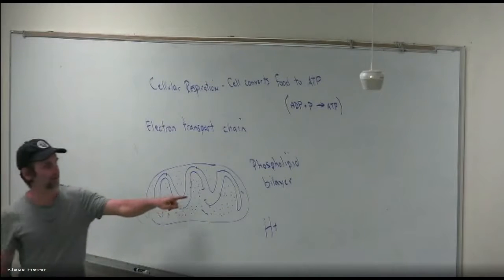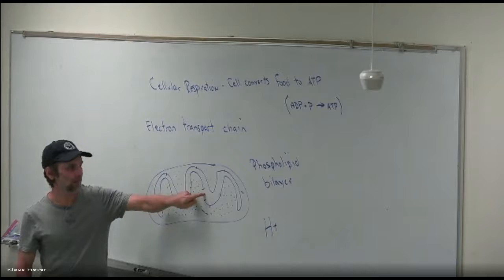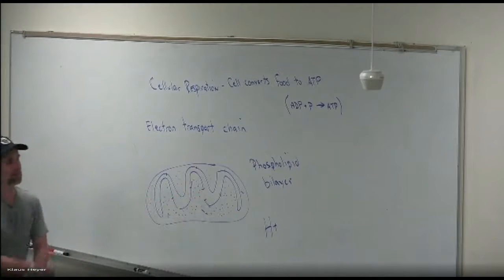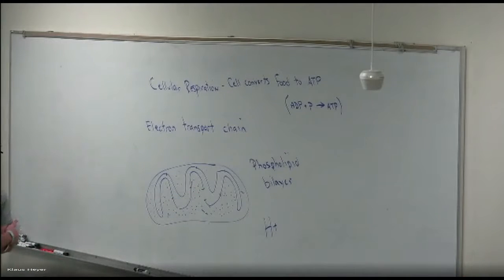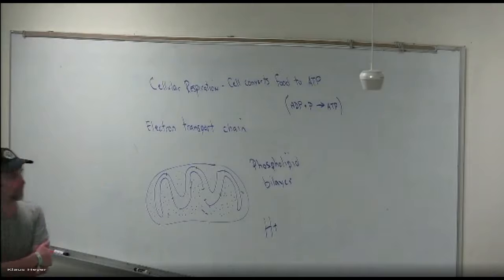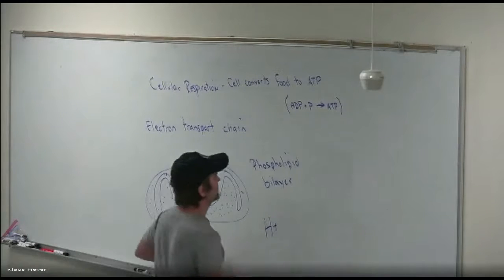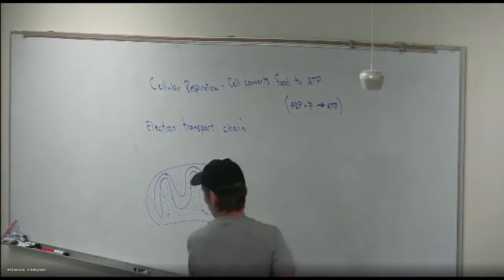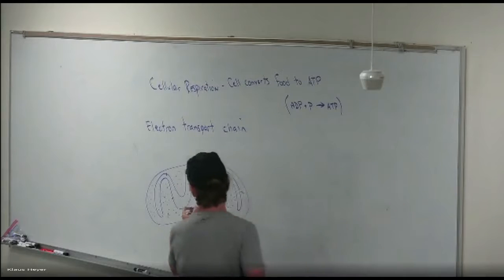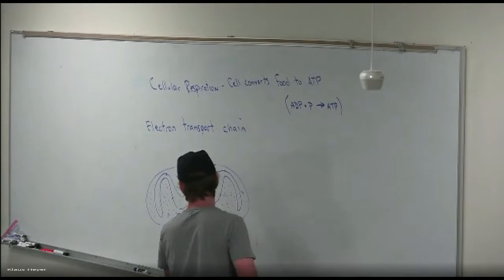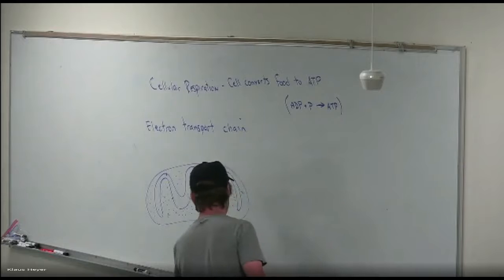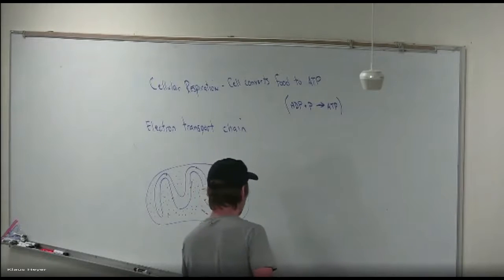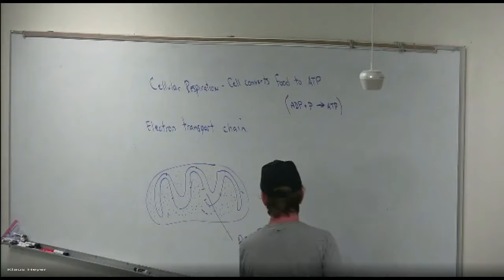So that's powering a machine right here. The job of that machine, it's not really a machine, I'm just saying it is, is to take ADP and put it together with the P.